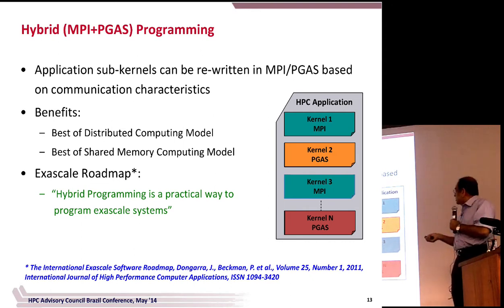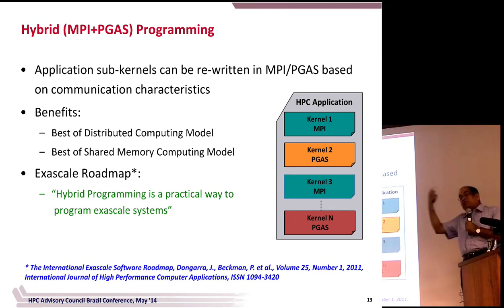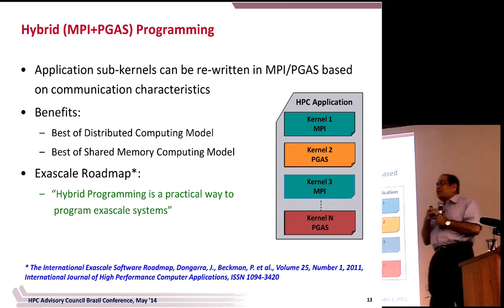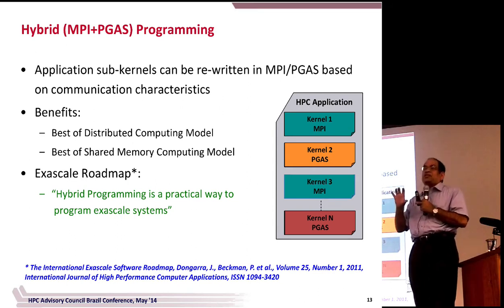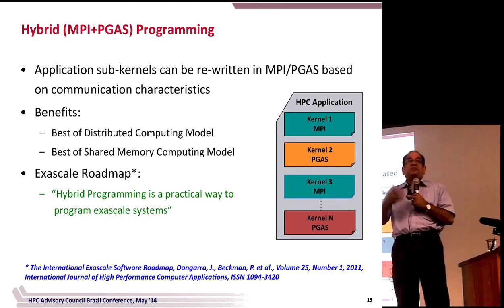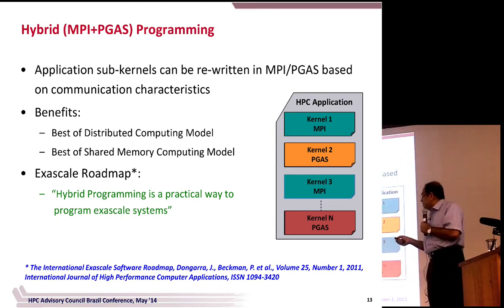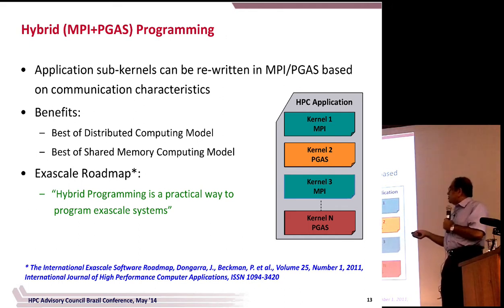But on the other hand, let's say these are scaling. So now the question is, can we change these two kernels to something else, like let's say PGAS? Okay. So you don't have to totally rewrite the application, you just write only some portion of that application where you don't get the scalability. And in that way, you can actually get the best of the distributed computing model and the best of the shared memory compute model.